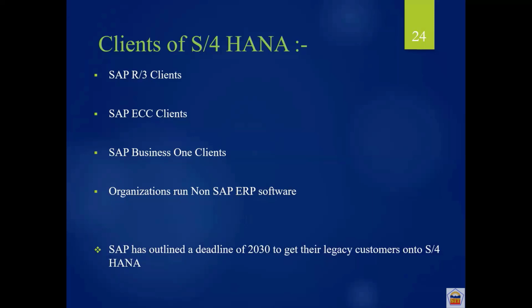Then, SAP has declared a deadline that they would be supporting versions R3 and ECC until 2030. After that, clients have to move on to SAP S4 HANA, because after that SAP is not going to support clients who are on R3 or ECC.